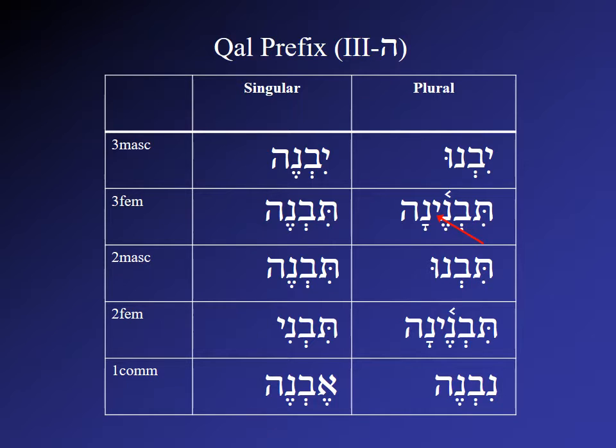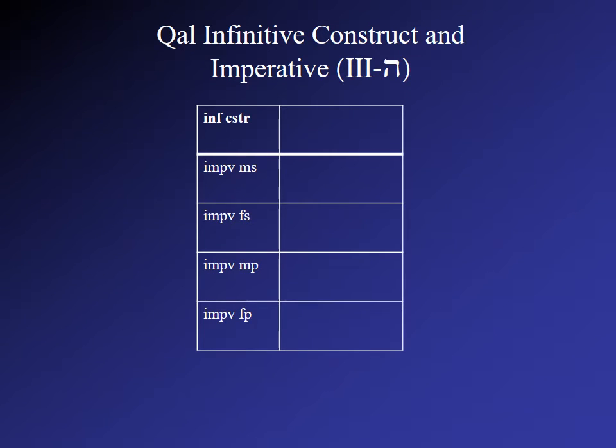In the third feminine plural and the second feminine plural, we see our he expressing itself as yod. This is familiar now from the affix as well. So tivnena and tivnena. Alright, the infinitive construct of third he, as you know, is benot.